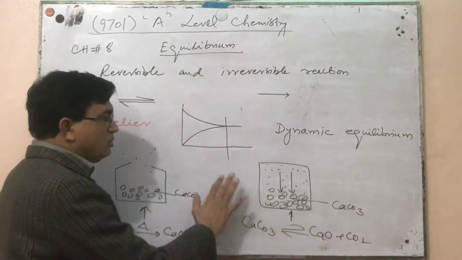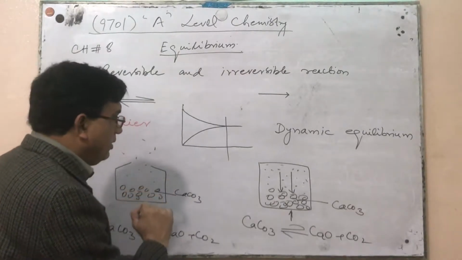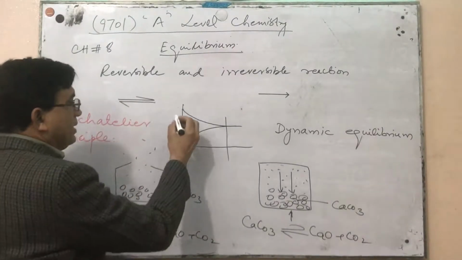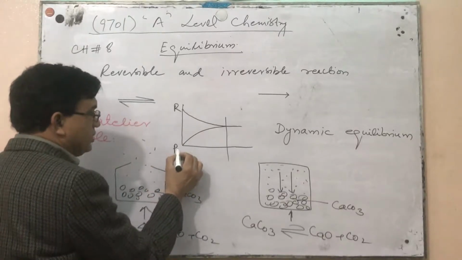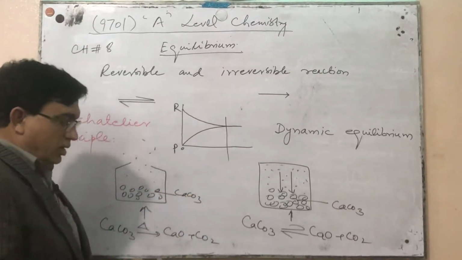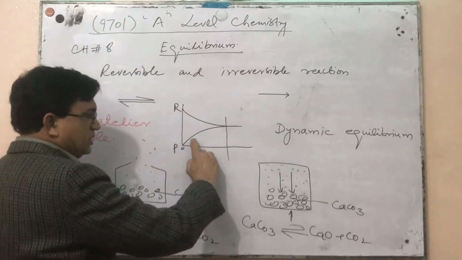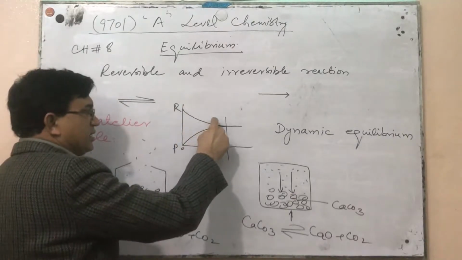Now, this can also be represented by a graph. For example, in the start, reactant has maximum concentration and product has zero concentration. Whenever the reaction starts, product concentration increases and reactant concentration decreases.